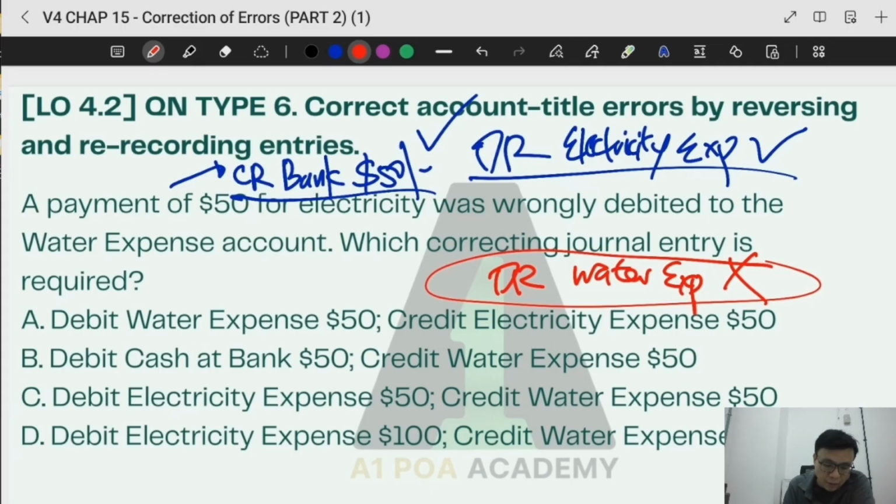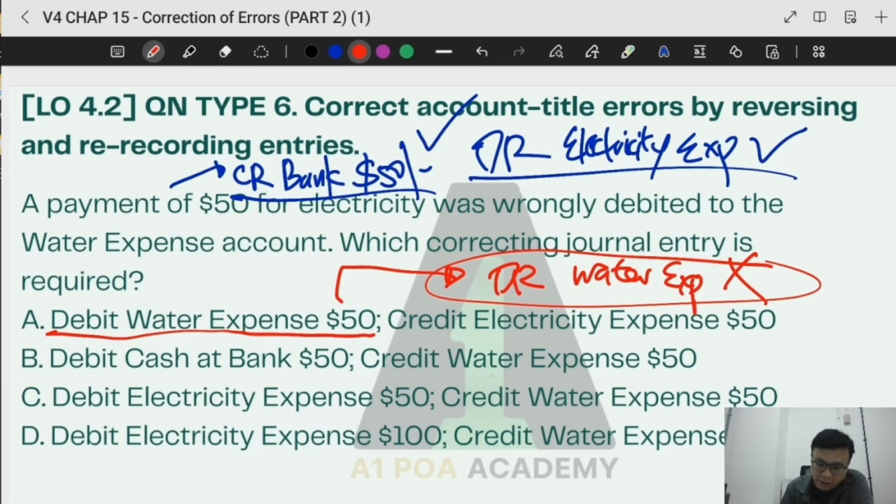So number 1, the first choice, debit water expenses. Again, this is wrong because two wrongs don't equal one right. If we debit water expenses again, we are double counting this error. Electricity expenses to be credited over here.